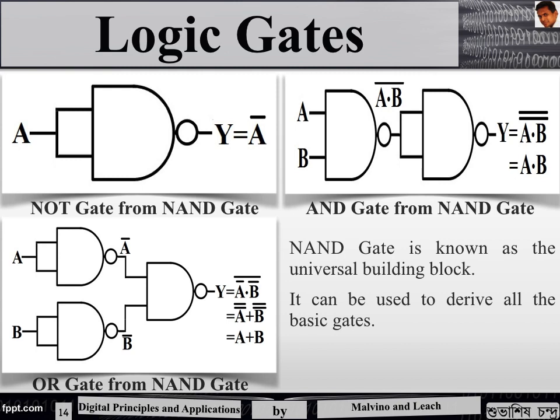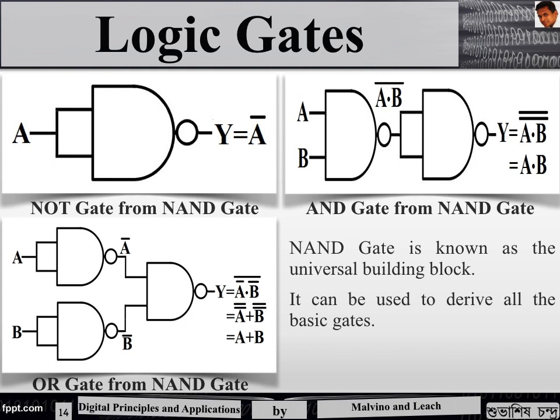First, let us see how the NAND gate is used. If both the inputs of a NAND gate are joined together, this will effectively act as one single input. The output in this case is the complement of A, and hence a NAND gate can be used as a NOT gate.